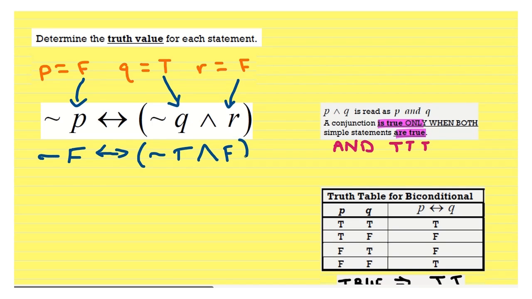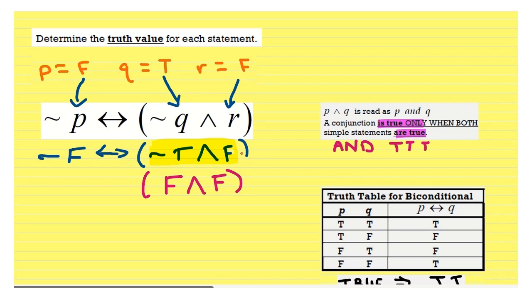Okay, so we always start with trying to solve what's in the parentheses first. That's kind of an order of operations rule. So we're going to look at not true and F. The first piece of that is not true. So what is not true? Well, not true is false. So I'm going to have false and false.